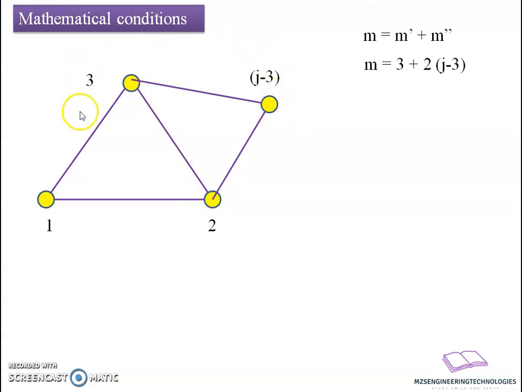There may be n numbers of joints. So it will be the number of members required to connect one joint, that is 2 into j minus 3. For an increment of one joint I will require 2 into j minus 3. If I expand this, I will get m equals 3 plus 2j minus 6, so the resultant is m plus 3 equals 2j.